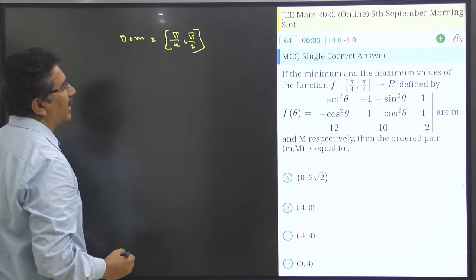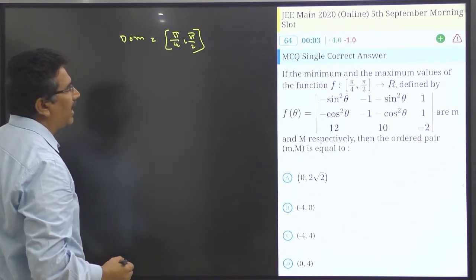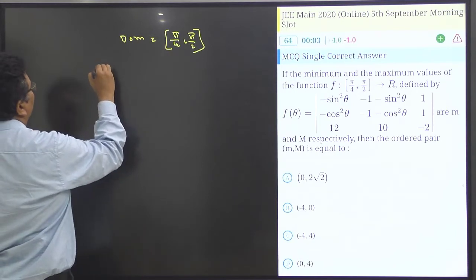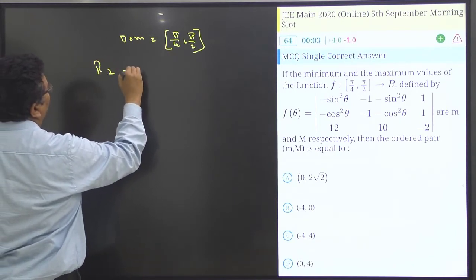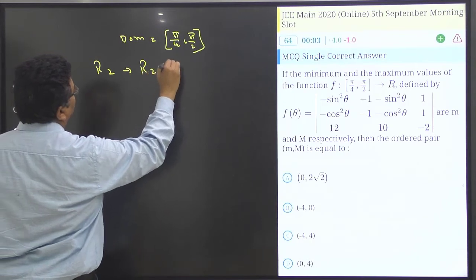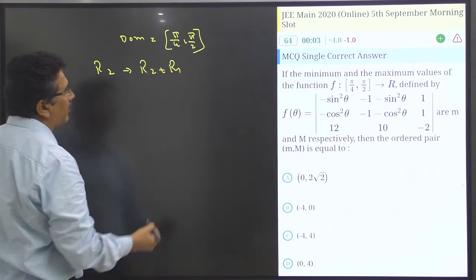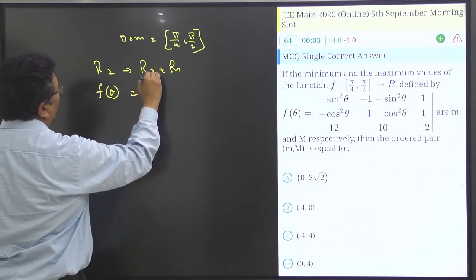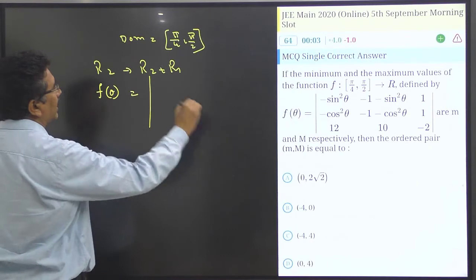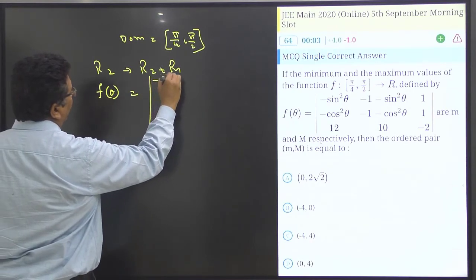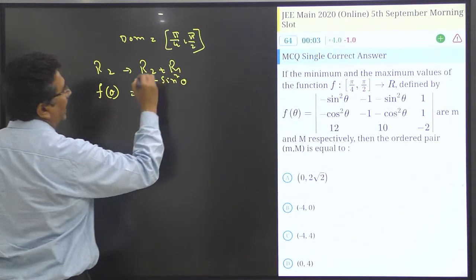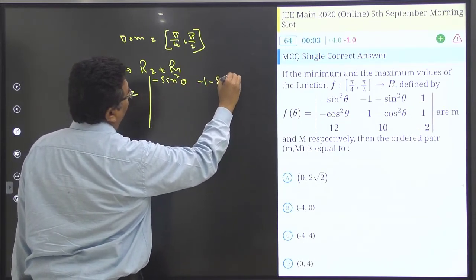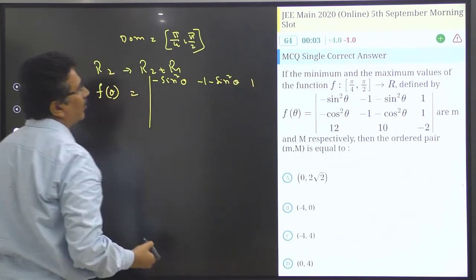For simplifying f of theta by applying properties of determinants, R2 is replaced by R2 plus R1. Now f of theta is equal to the determinant with first row minus sine square theta, minus 1, minus sine square theta, minus 1, minus sine square theta, 1.